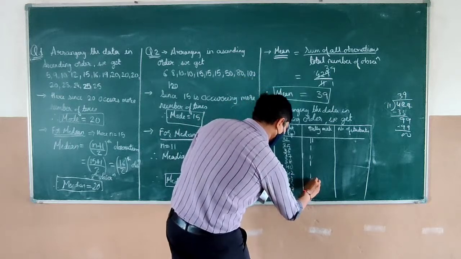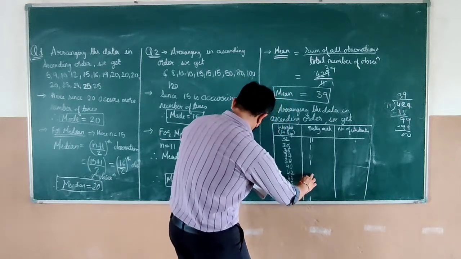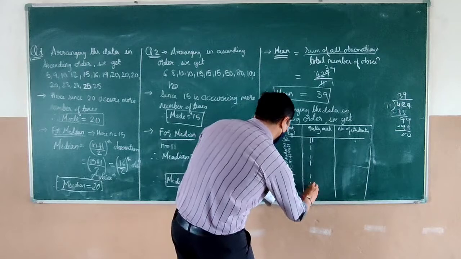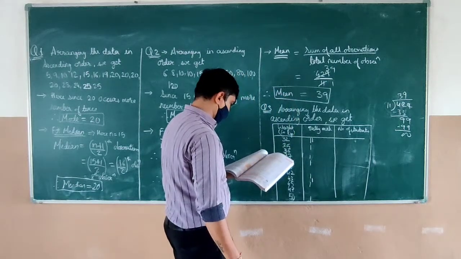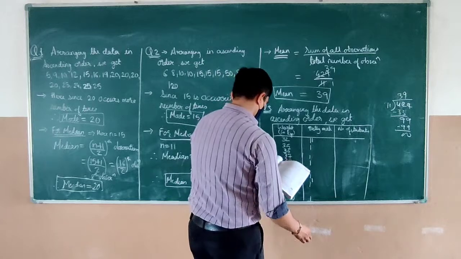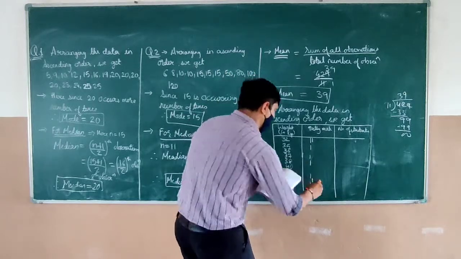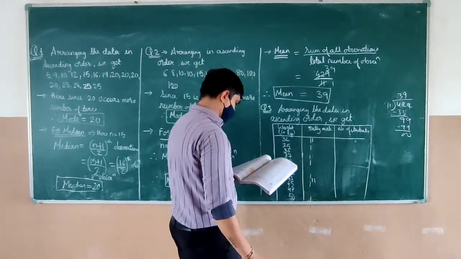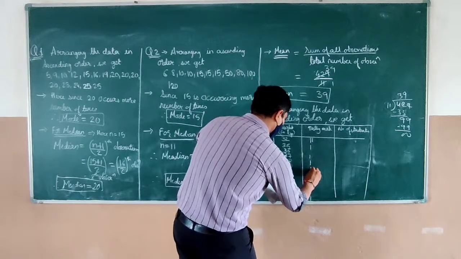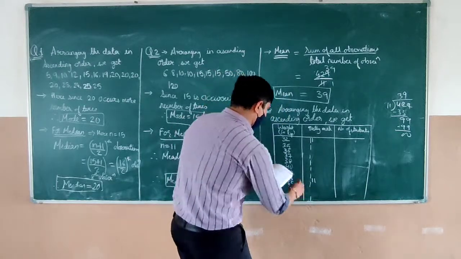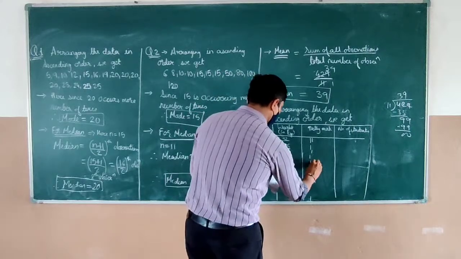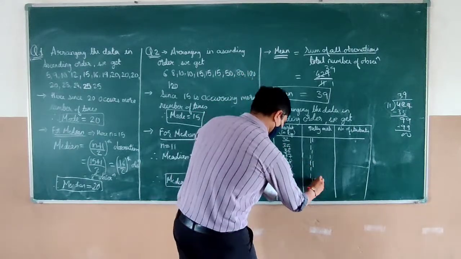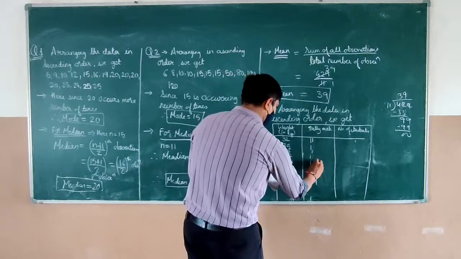Then 43. 42 was there, 43 came the first time. 43 again, yes, second time. Then 40, then 36, then 38, then 43, 47.